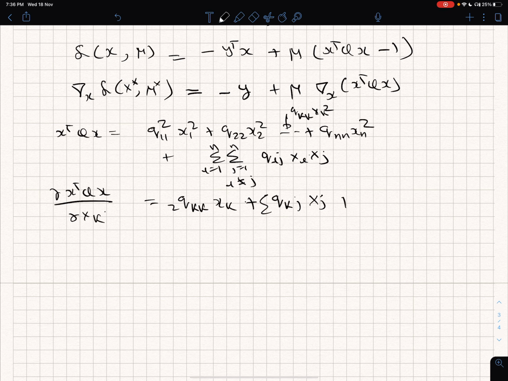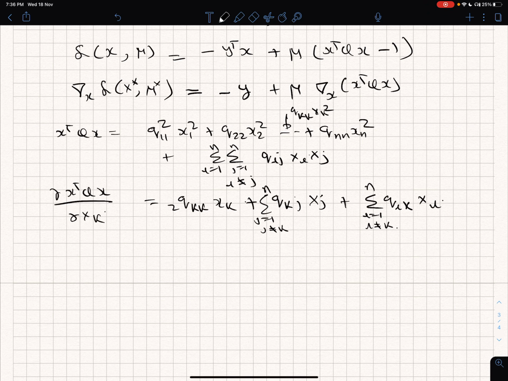The other set of terms I will get when I keep j fixed to the k value, and so I will get qik times xi. So this is j from 1 to n, j not equal to k, and this is i from 1 to n, i not equal to k.